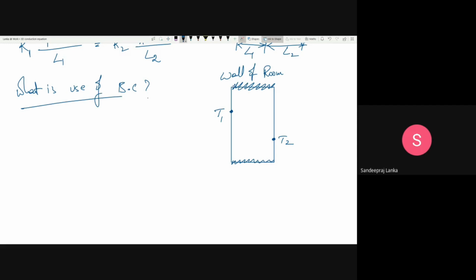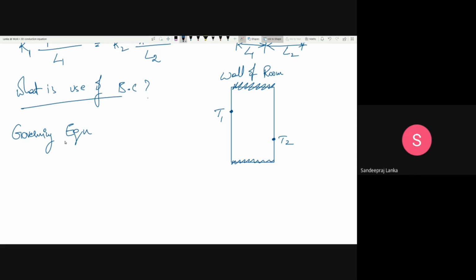If I have to represent this heat transfer mathematically, the first thing in defining a heat transfer problem is to take the governing equation.